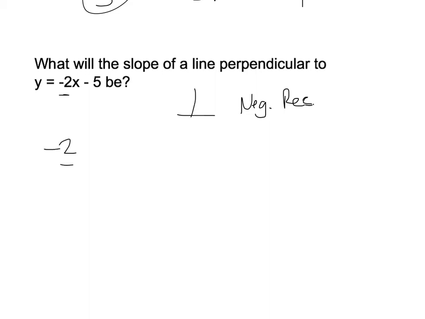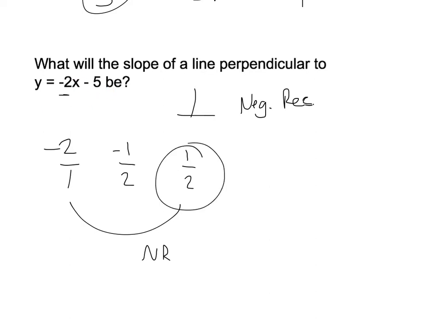Or negative 2 over 1. What's the negative reciprocal of negative 2 over 1? Well, the reciprocal is negative 1 over 2, and the negative version of a negative number is positive. So what's the negative version of negative 1/2? Positive 1/2. Those two are negative reciprocals. And that would be the slope of a line perpendicular to that one.